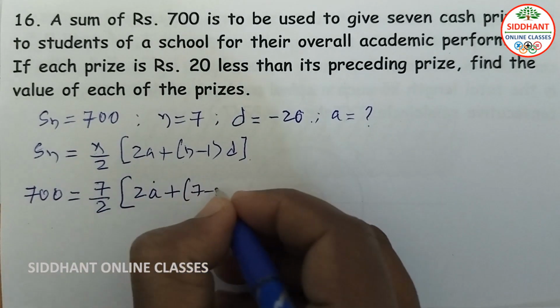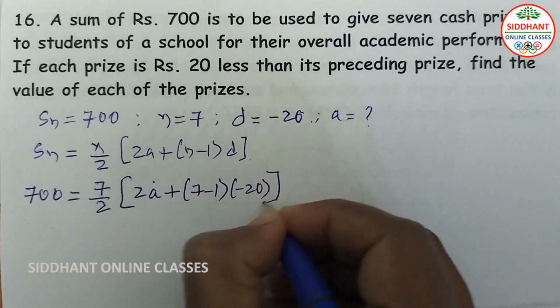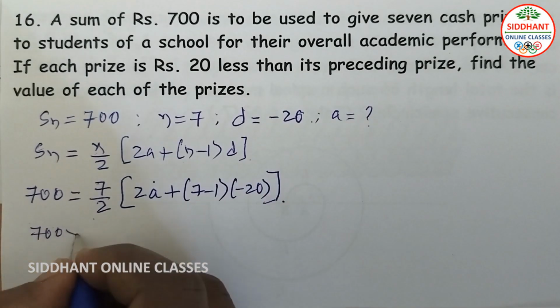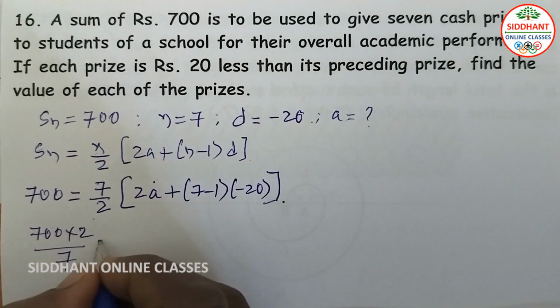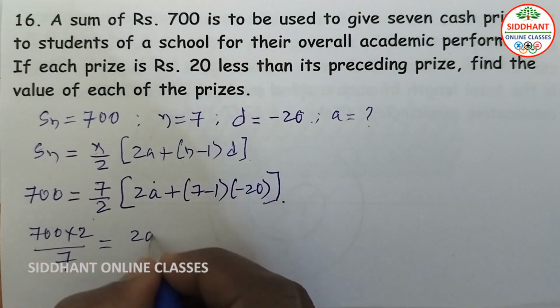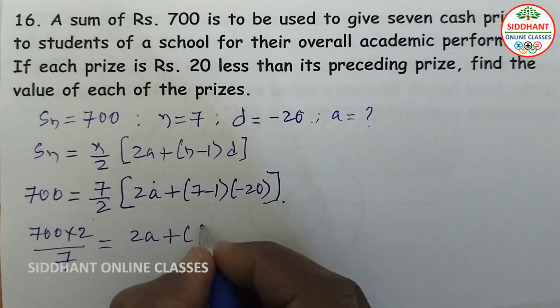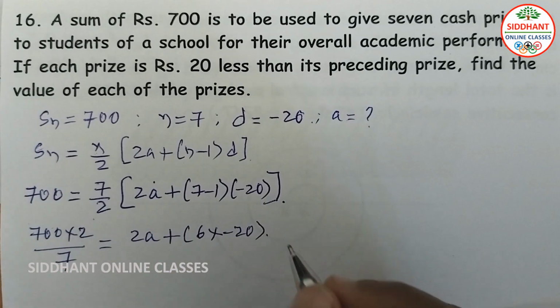Here n is 7 minus 1 and d is minus 20 here. So here cross multiplication, 700 into 2 by 7, so that equal to 2a plus 7 minus 1, 6 into minus 20 here.